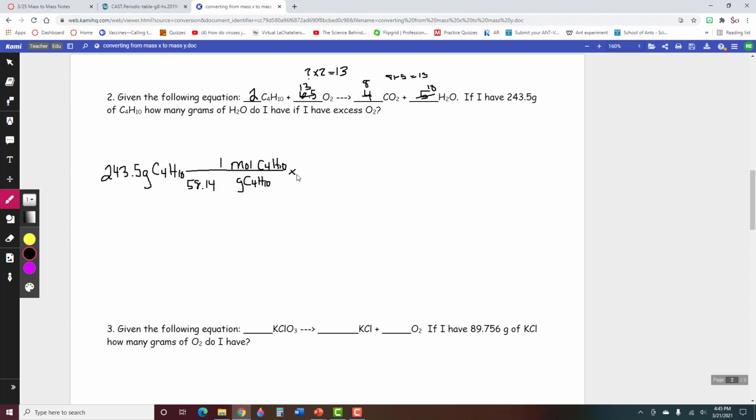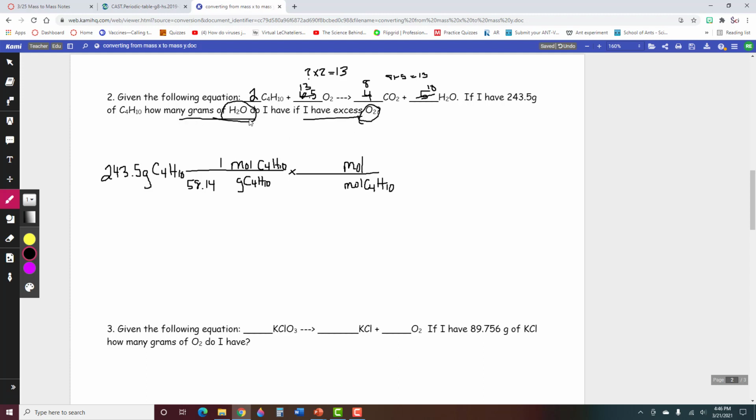Alright, next division bar. So this will be moles of C4H10, and then moles of the other compound I want to convert into. And if you look here at the question, they said H2O, and then also I have some O2, but this says excess O2, and remember, whenever something says excess, it's just letting you know it's there, and it's not going to stop your reaction, but you don't need it.